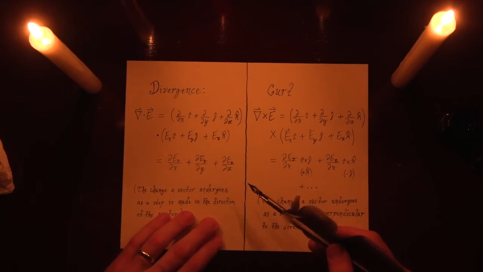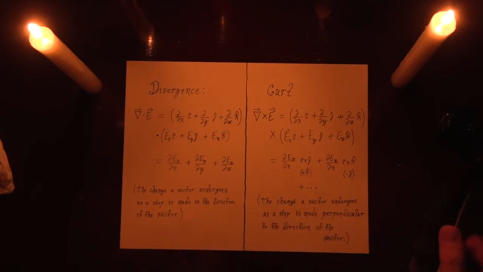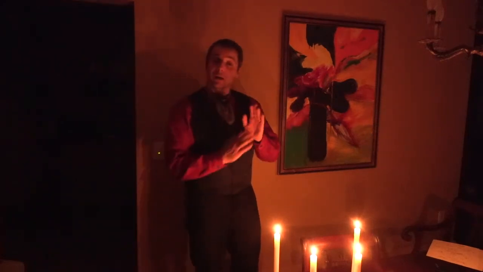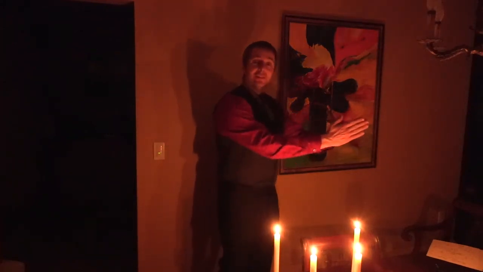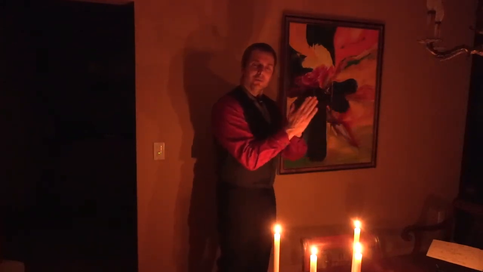So let me show you, but first let me reconfigure the camera. So this is what a curl is. I'm applying a derivative, like an x derivative, to both the y and the z, but I'm not applying the x derivative to the x component of a vector.